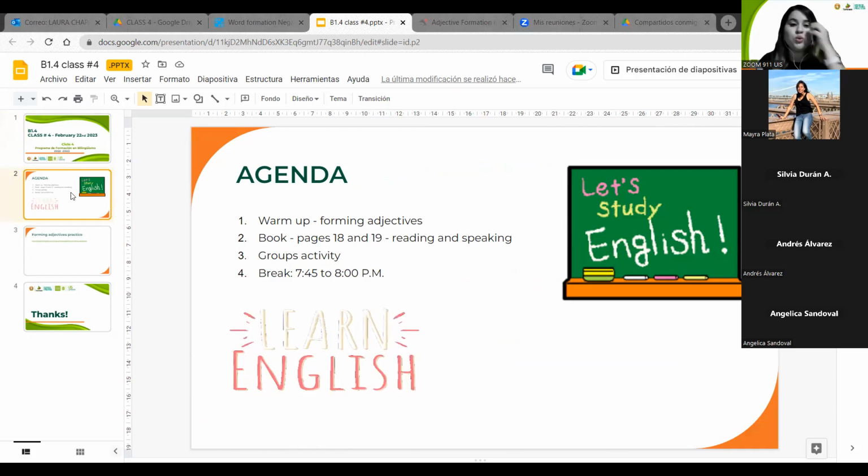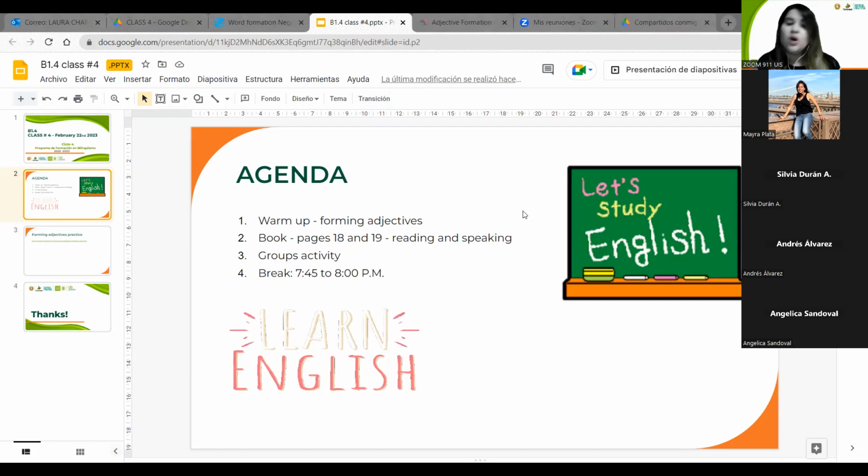Then we're going to work on the book on pages 18 and 19 on a reading and speaking exercise. And then we're going to finish with a groups activity and you will have your break from 7:45 to 8 p.m.